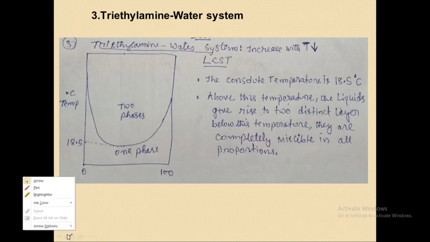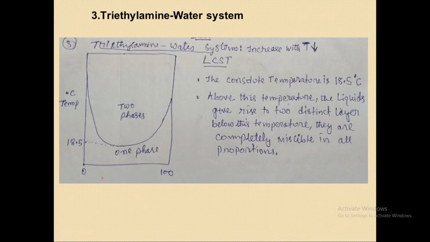Similarly, a graph is plotted between temperature and triethylamine percentage. Say 0, and when you reach here it is 100%. This is the temperature in degrees Celsius.